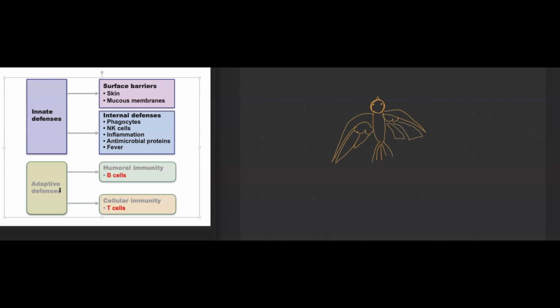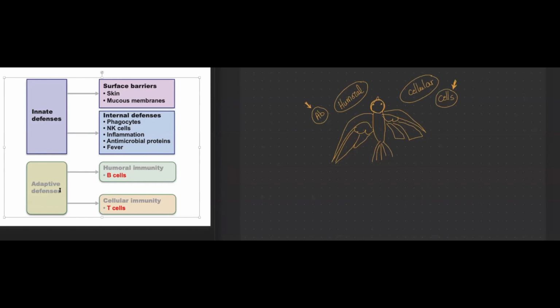So the two wings here are the humoral immunity and the cellular immunity. Humoral immunity is an antibody-mediated immunity, so we produce immunoglobulins to mediate this kind of immunity. Cellular immunity uses cells that attack the infection, as we're going to describe in detail later.